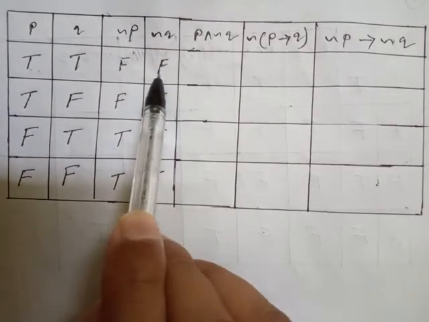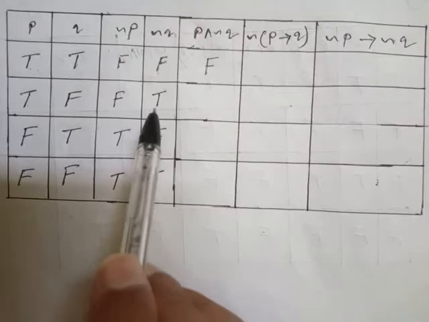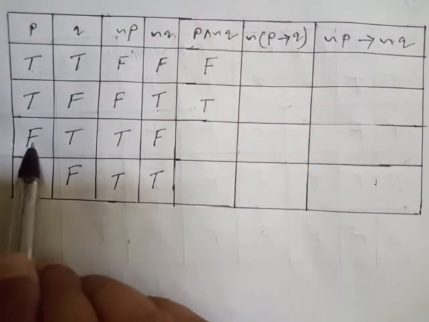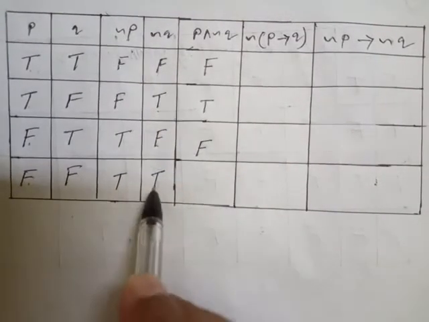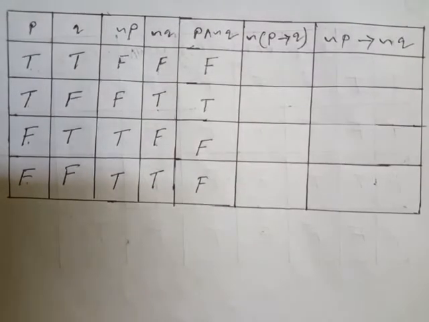So if it is true false, which means false in conjunction, true and true, which means true in conjunction, false and false, which means false in conjunction, false and true, which means false in conjunction.